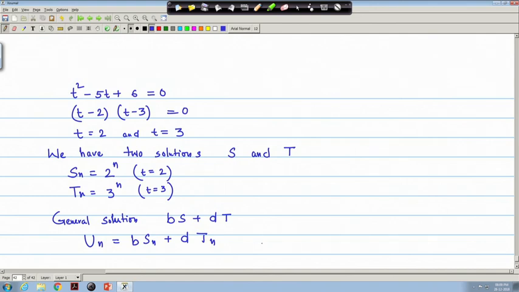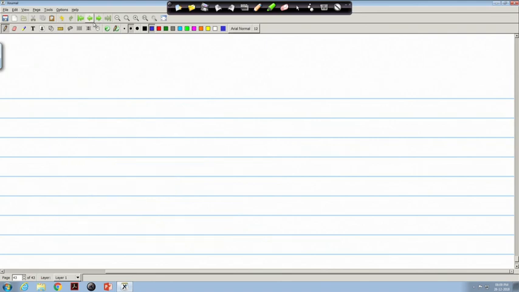And we remember the initial conditions are A0 equal to 7 and A1 equal to 16. Now, we have to find out the constants B and D. So, we continue.